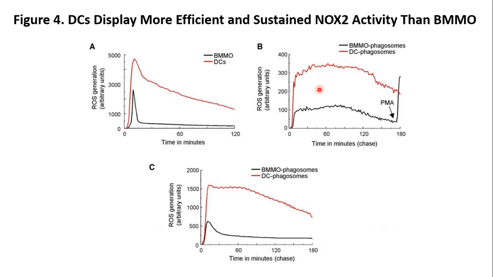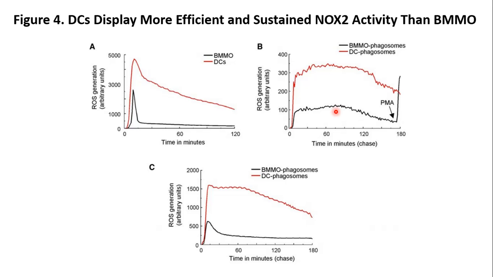So in figure 4A, you can see the ROS production in response to PMA was reproducible, high, and lasted longer. In figure 4B, they evaluated the ROS production using the technique of covalently attaching luminol to latex beads.